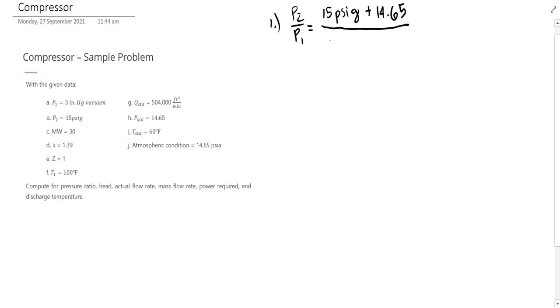So, we have 3 inches vacuum. So, negative 3 inches Hg times 14.7 psi over 29.9 inches Hg.